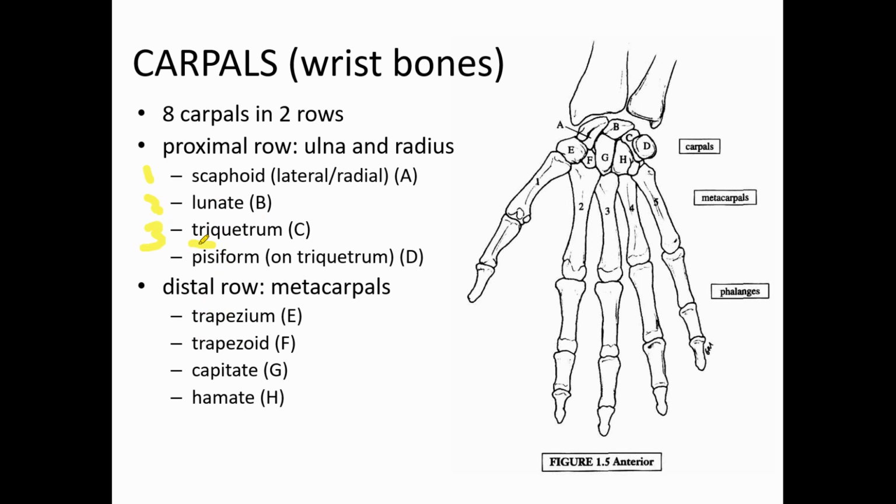So try is the third one, the triquetrum. That's how I remember that. Then in the next row, we have trapezium and trapezoid. How do you remember which is which? Trapezium is closer to the thumb. That's how I remember it. I don't know if it'll help you, hopefully.